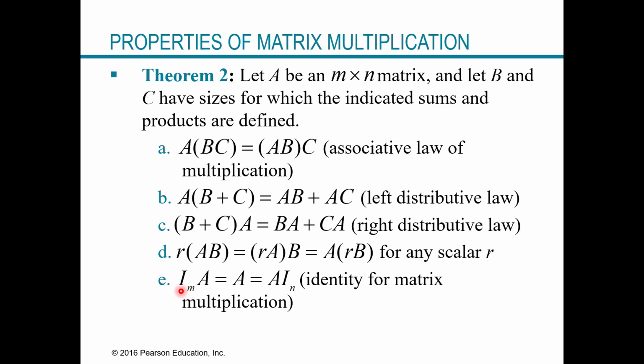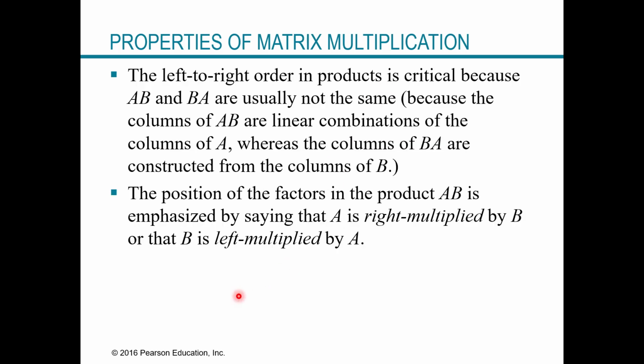So if you left multiply A times your identity matrix, the number of rows and columns of I matches the number of rows from A. Think of it like almost multiplying by 1. You still get A. And it's the same as if you were to multiply from the right times the identity matrix, but this time it's size n by n because it matches the number of columns from A. It's also just going to give you A.